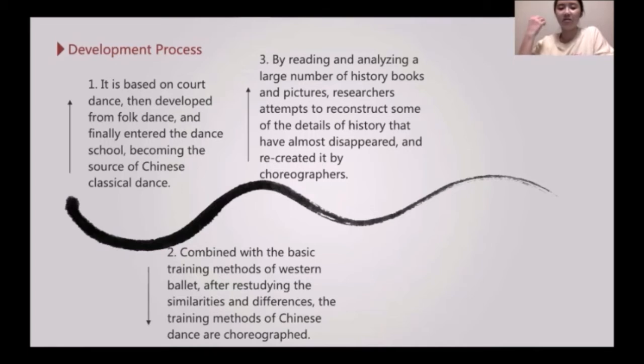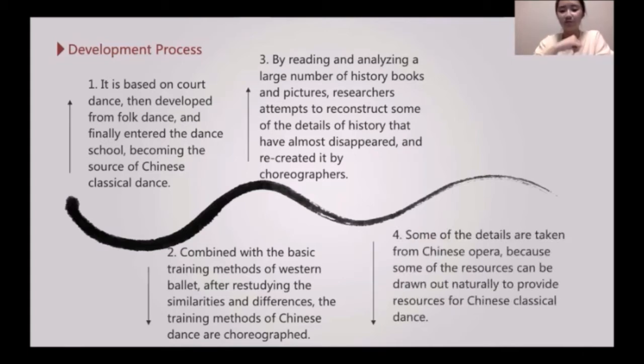So all of the researchers or choreographers learn a lot of things from the books and try to think about how those dancers moved a long time ago, right? Then they try to form something really similar to that, and more people like to work on it and choreograph it to form today's Chinese classical dance.